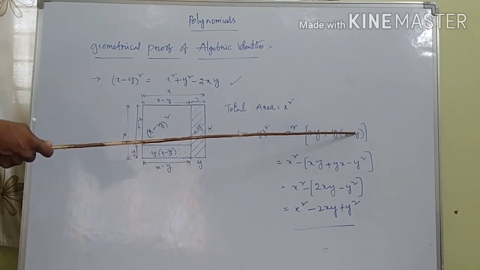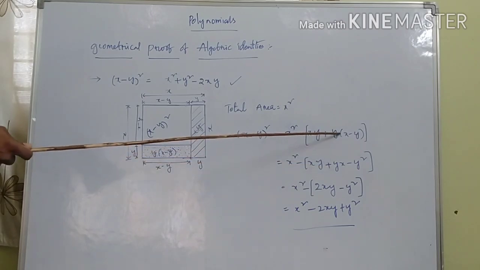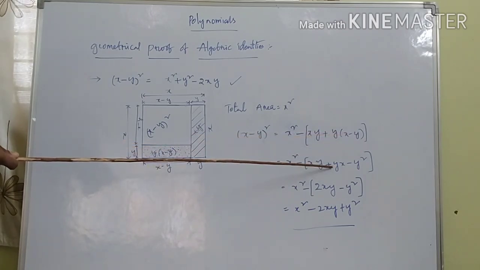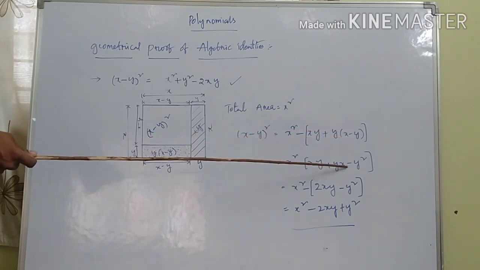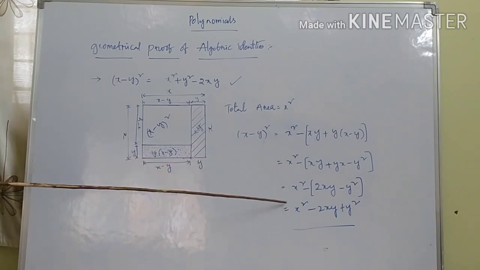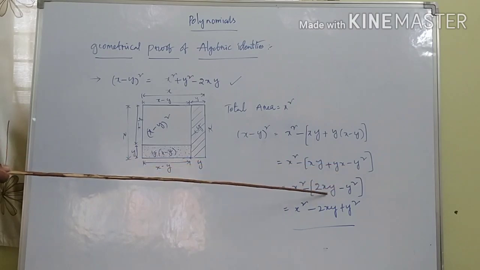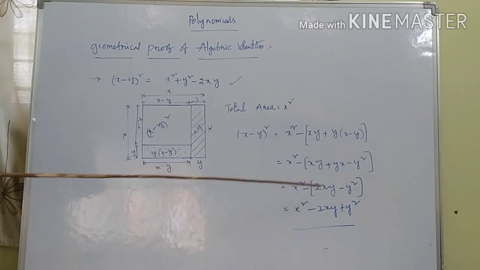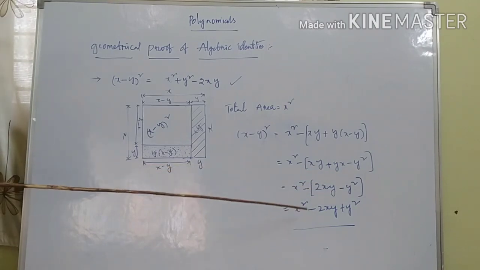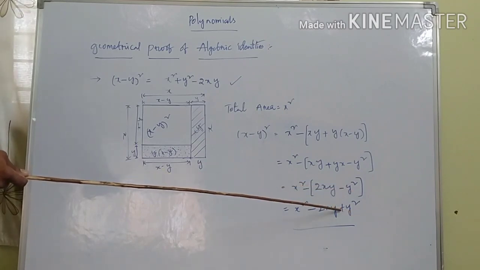Minus into minus gives plus y². So we get x² − 2xy + y².